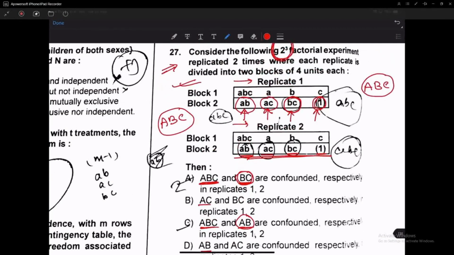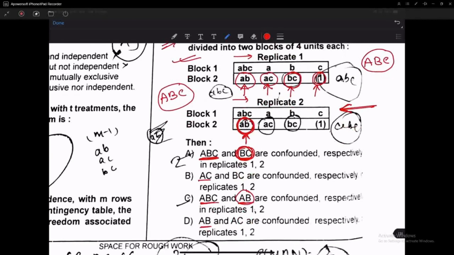If we see the second replicate, for the first value AB, we have an odd number of common members with BC. Why? B is common with AB and BC. So BC cannot be confounded in the second replicate.